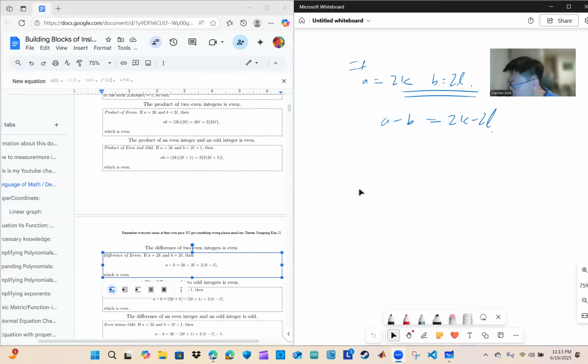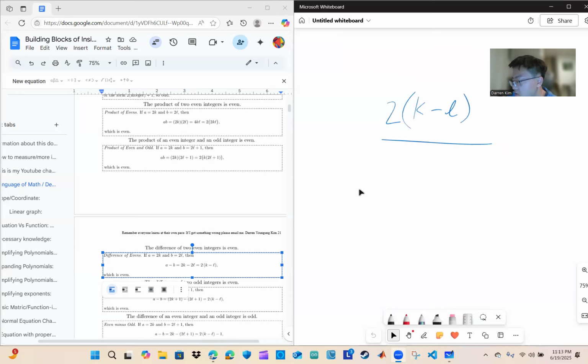You get the same shenanigans, basically no difference at all. It gives you even also, but you also get a k minus l, times 2. And this is an integer, so 0, 1, 2, and so on.